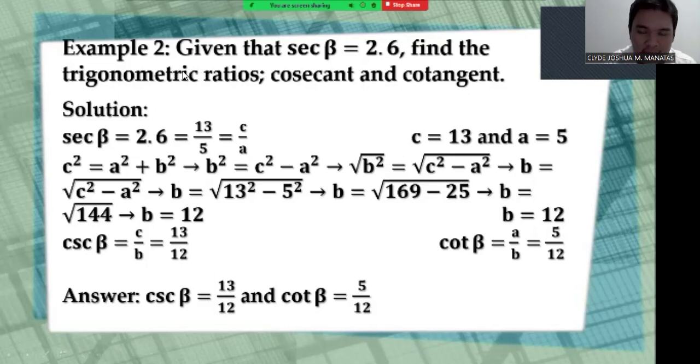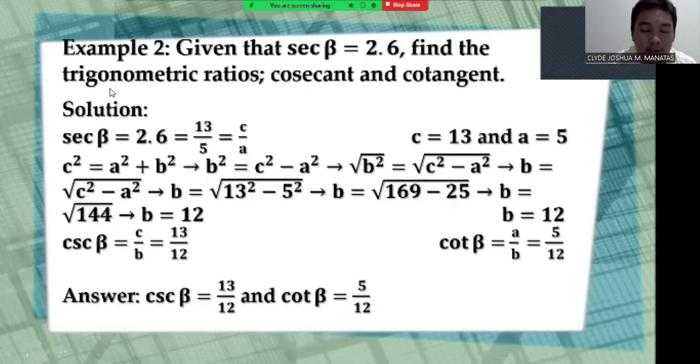Since we now know the C and the A, we have to find the letter B by using the Pythagorean theorem. So C squared is equal to A squared plus B squared. Since we are finding the B, it will become B squared is equal to C squared minus A squared.